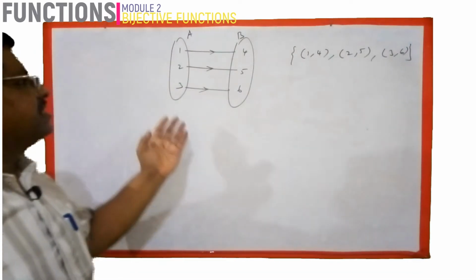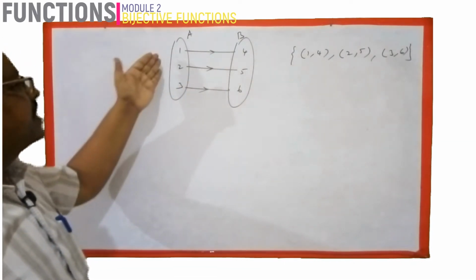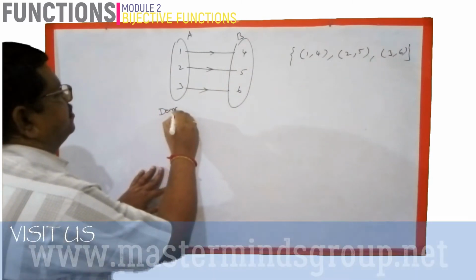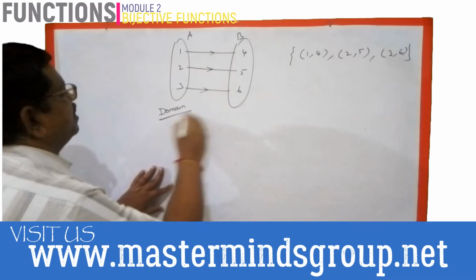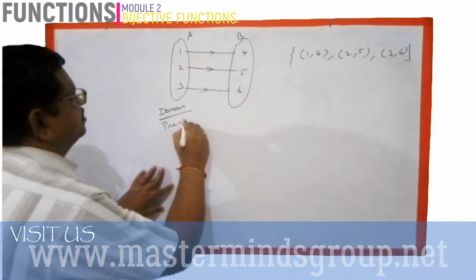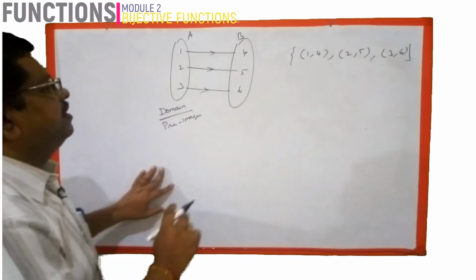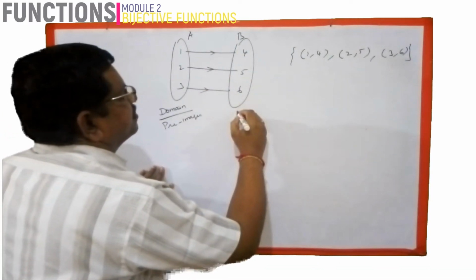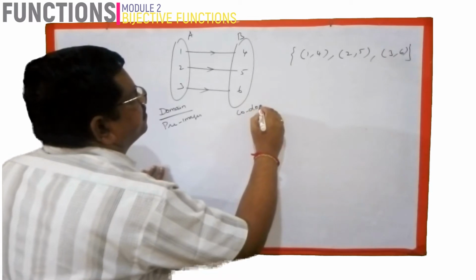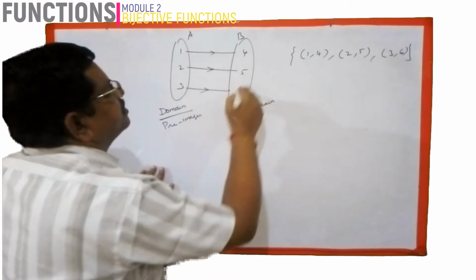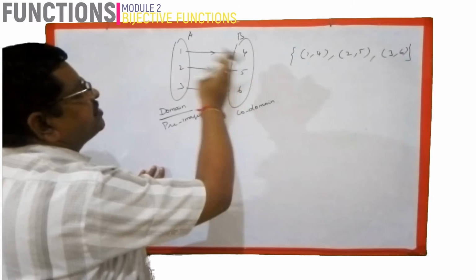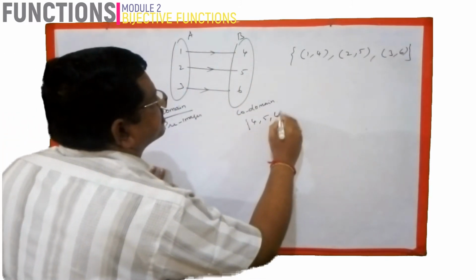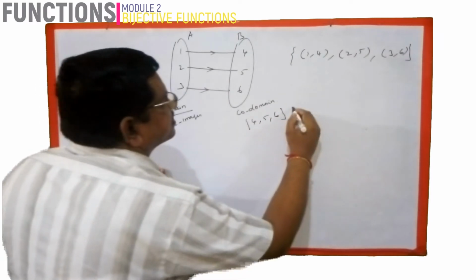The elements present in set A make the domain and all these elements are called pre-images, and the elements present in set B make the codomain. All the elements 4, 5, 6 have pre-images. So 4, 5, 6 is the codomain as well as the range.